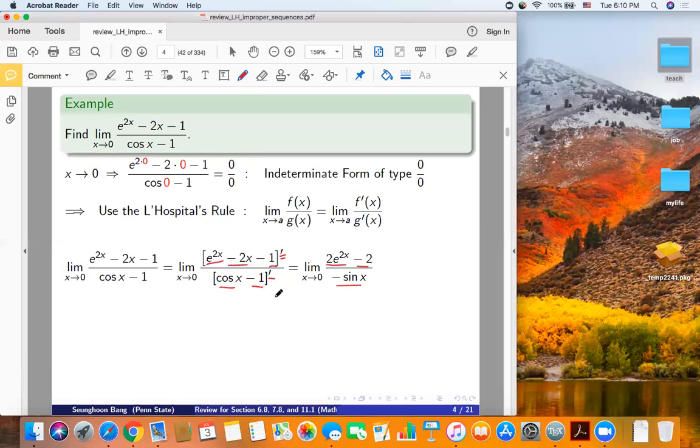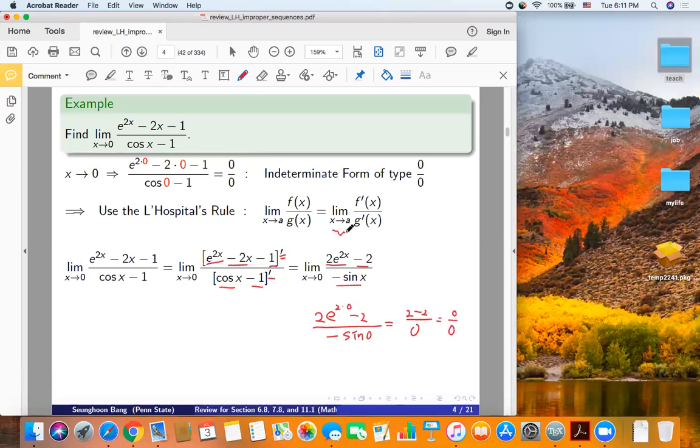So you can plug 0 into the top and bottom. What happens? 2 times e to the 2 times 0 minus 2 over negative sine of 0. So e to the 0 is 1, 2 minus 2 over the sine of 0, which is 0. Exactly 0 over 0 form.